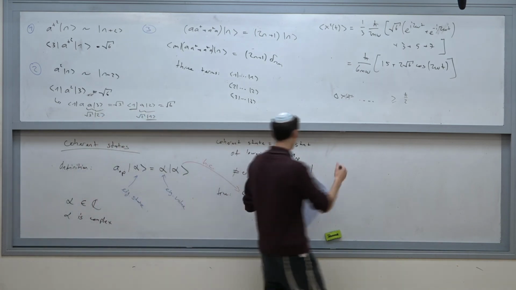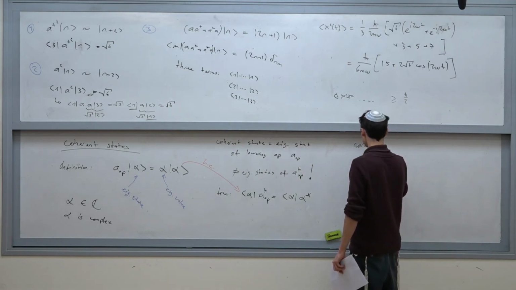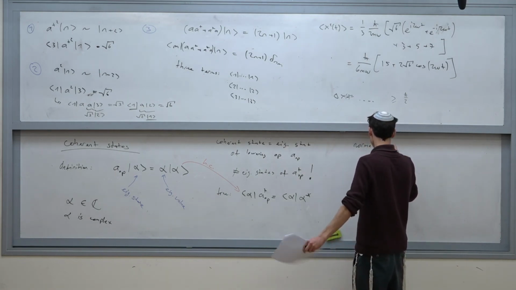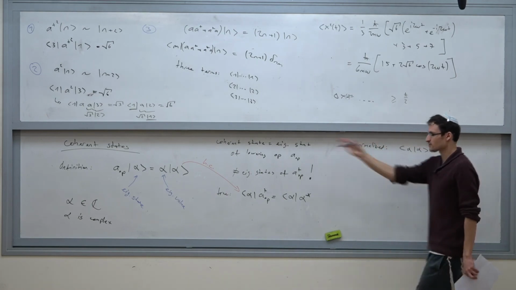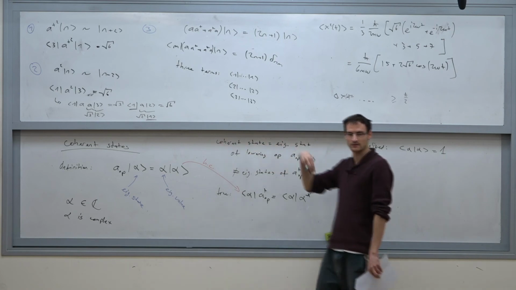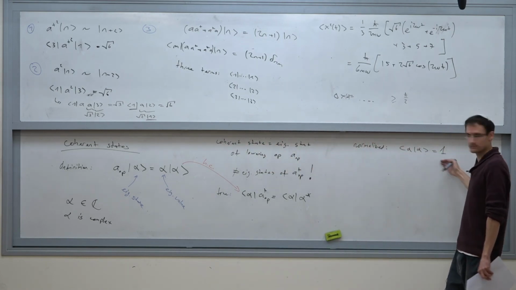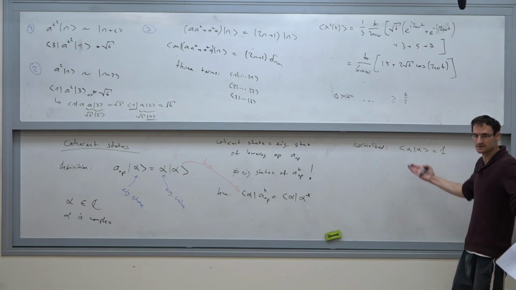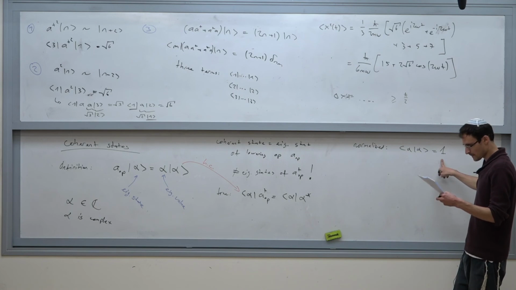Now, the coherent states are normalized. We're always free to make this choice, obviously. If we would solve the equation in any space, we would have an integration constant, which we could use in order to normalize. So we're always free to make the choice that they're normalized. So let's make it. It'll make our life simpler. So alpha with alpha equals 1.